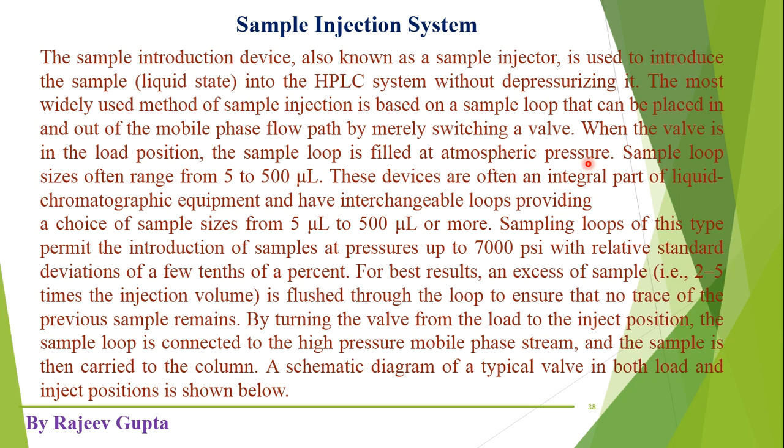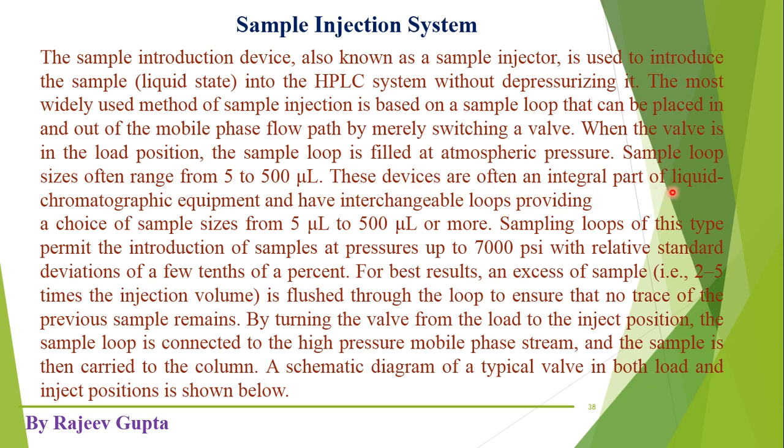The sample loop size often ranges from 5 to 500 microliter. So with a lower amount or a higher amount we can introduce our sample. It depends on the loop size. We can choose a smaller loop or a larger loop depending on our sample sizes.